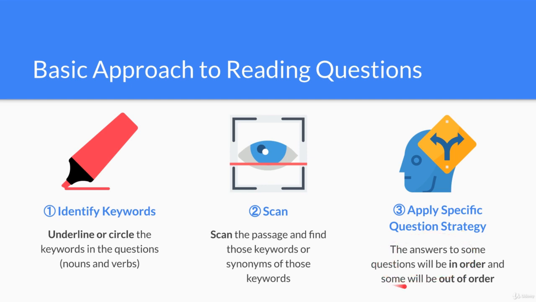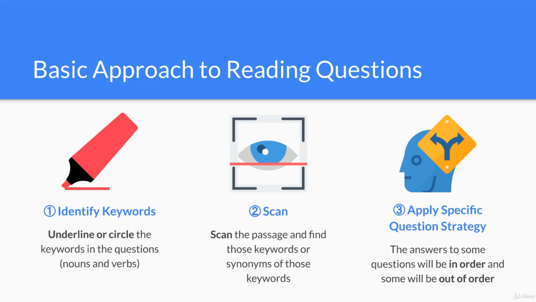Now, this specific question strategy can be different depending on which question you get, and we're going to talk a lot more about this very soon, but right now, you just need to know that there are some questions that are going to be in order, and other questions are going to be out of order. What that means is that for some questions, the answers to those questions are going to come in order.